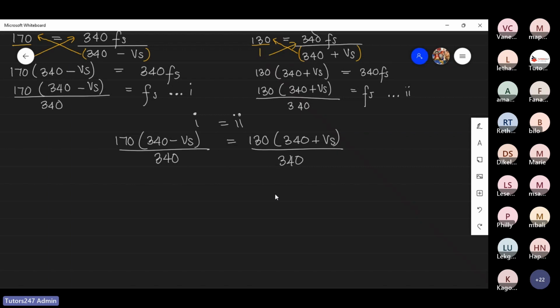Now, if you notice, you have 340 as the denominator of both equations. Because 340 is the denominator of both equations, you can drop them. The reason is, if you were to cross multiply, you'd have 340 on the left and 340 on the right, and they would just cancel one another out. It's the same values on both sides.